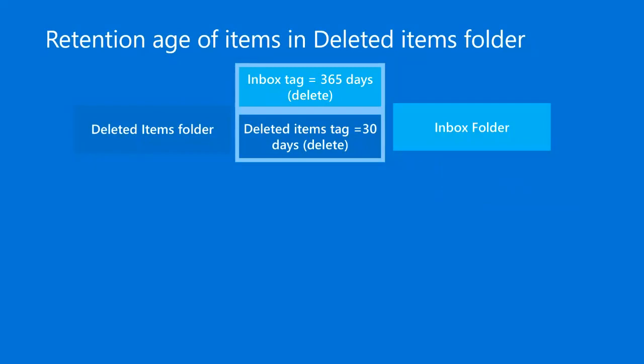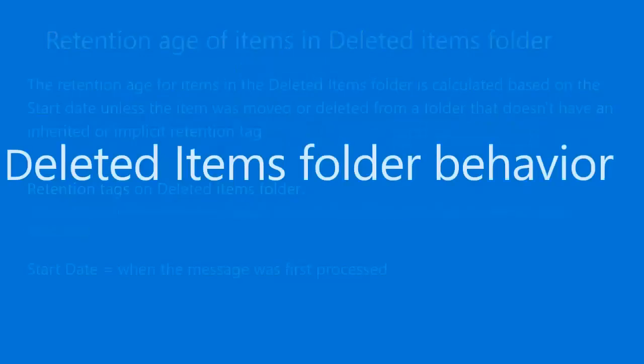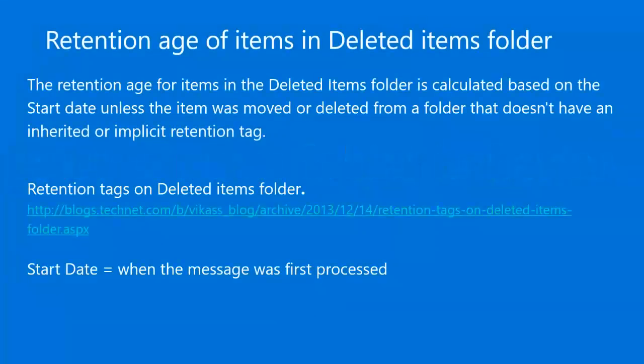Now we'll see how it is different when it comes to the deleted items folder. So how is the retention age calculated when the email items are in deleted items? If an email item is moved from a different folder to the deleted items folder, and if it does not inherit a tag from the parent folder, the start date will be calculated as per the date on which the email is moved into the deleted items folder.